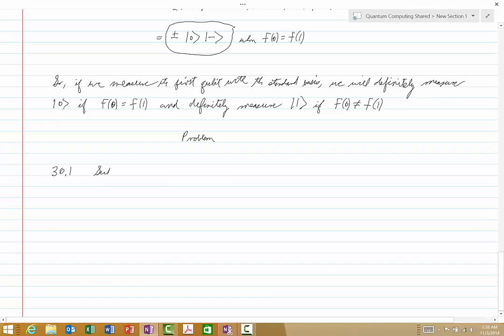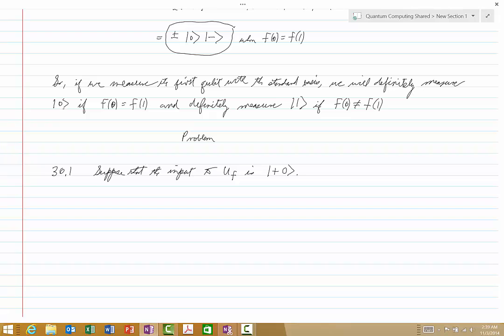Suppose that the input to U_f is, now instead of the plus minus state that we had before, suppose that it is now plus and 1. The first qubit is plus, the second qubit is 1. I'm sorry, let's make that second qubit 0. Okay, first qubit is plus, second qubit is 0.